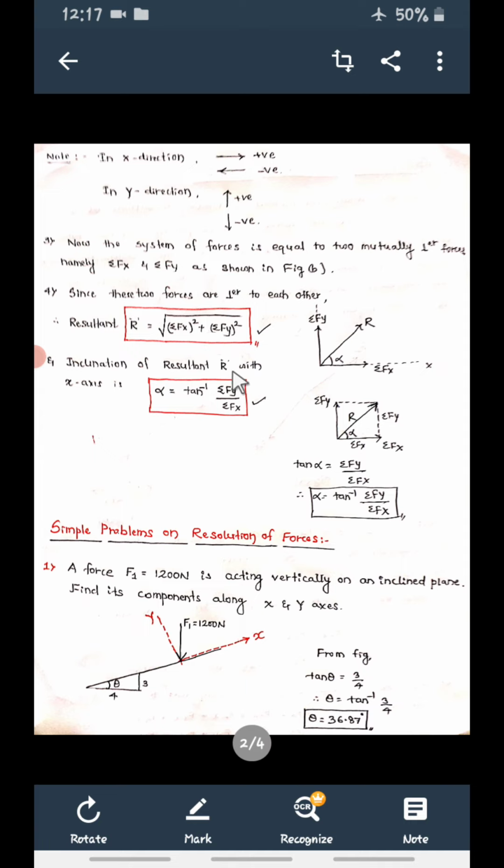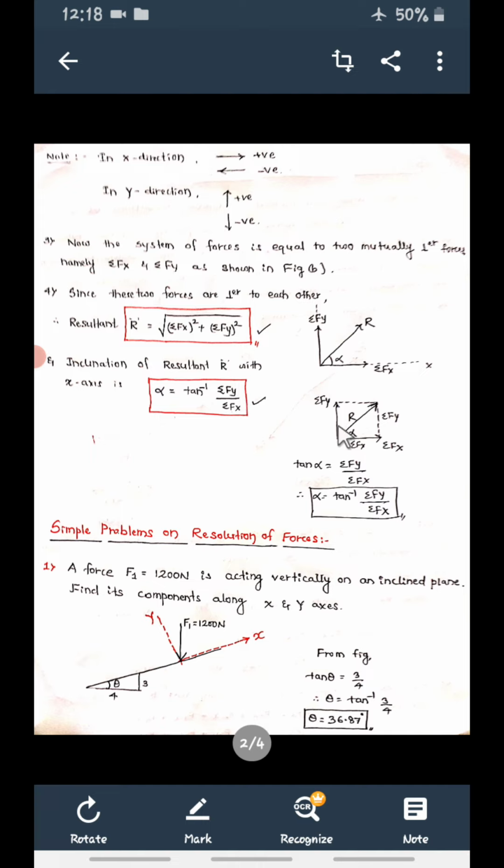Okay, then inclination. Now see, this resultant is making an angle alpha with x-axis. So how can we find out the inclination of the resultant with x-axis? Alpha is equal to tan inverse of summation Fy upon summation Fx.